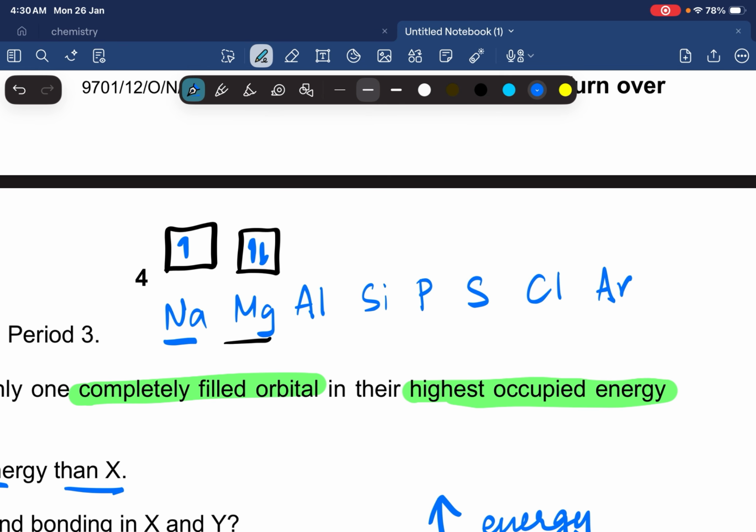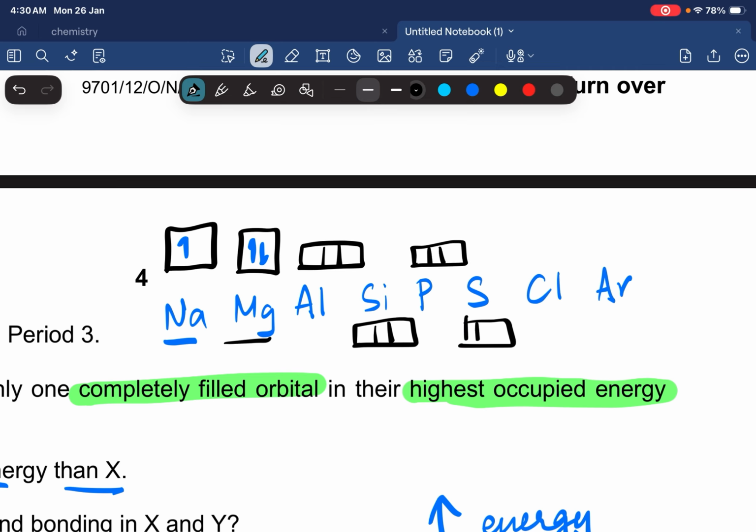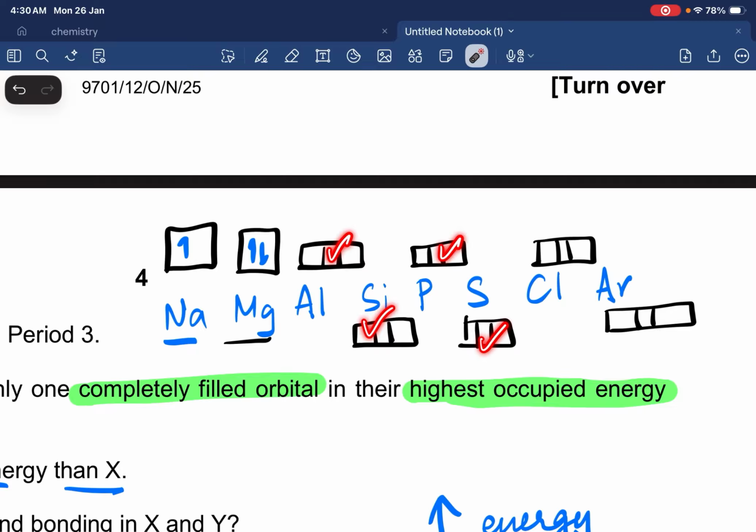If we talk about aluminum, since it's a P block element, we would have to draw 3 orbitals for aluminum, something like this. This is going to be aluminum, this is going to be silicon, phosphorus, all are P block. This one's for sulfur, this one is for chlorine, and this one is for argon. So these are their P orbitals together that I've drawn.